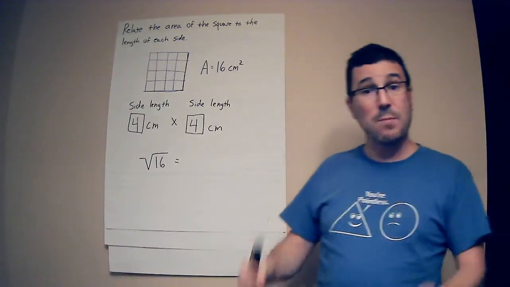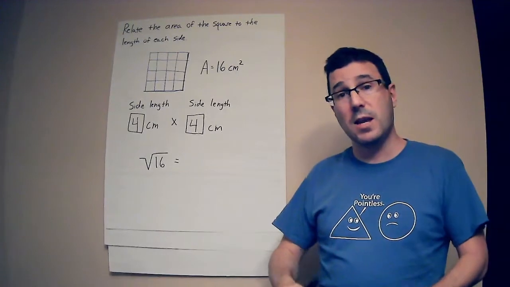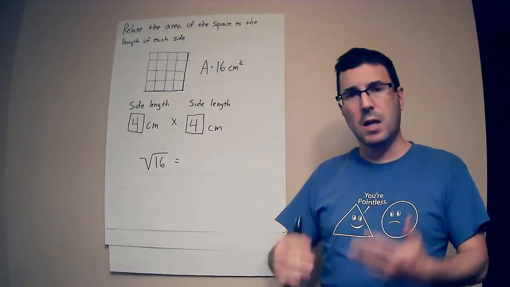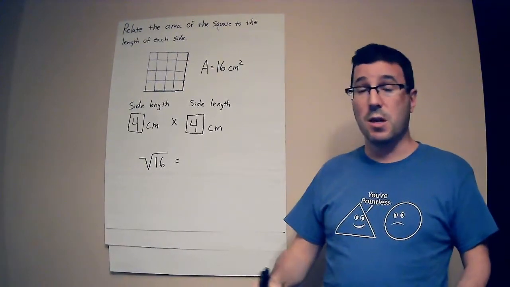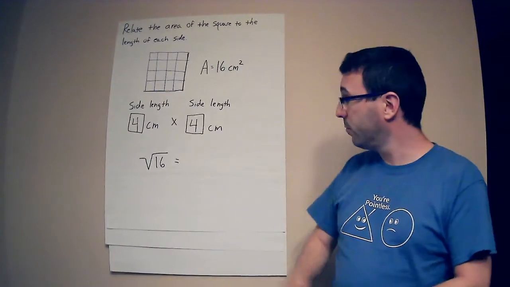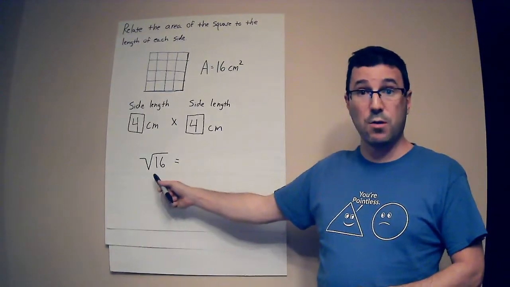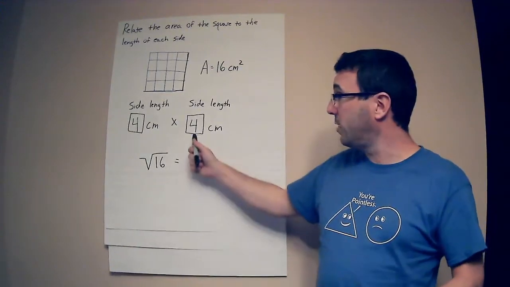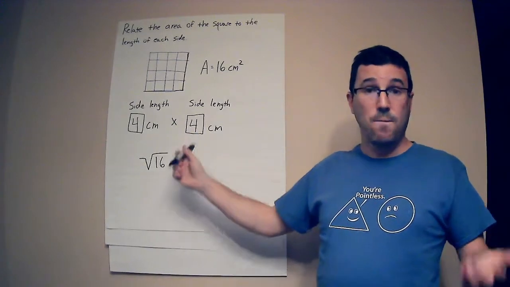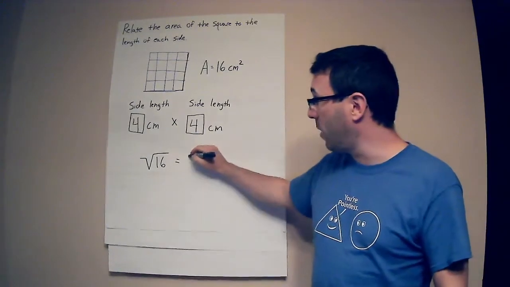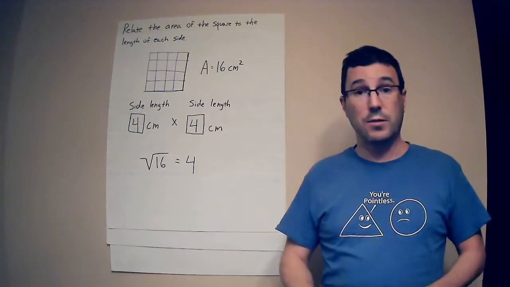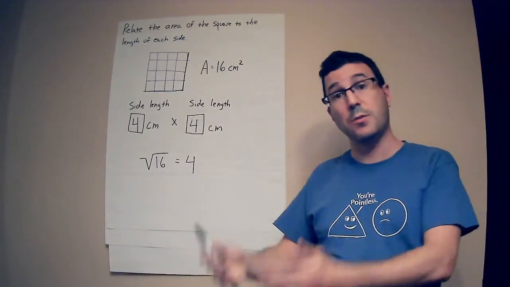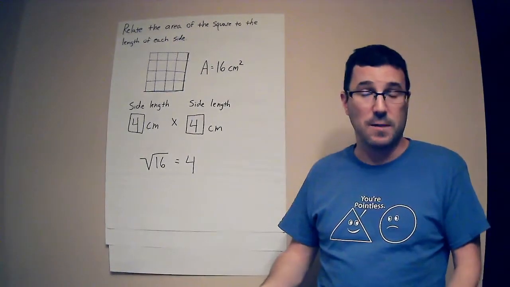So when we think about the square root, what we're really saying is, what number times itself gives me this number under the square root symbol. So here we have the square root of 16. Well, as we see, 4 is the square root of 16 because 4 times 4 is 16.